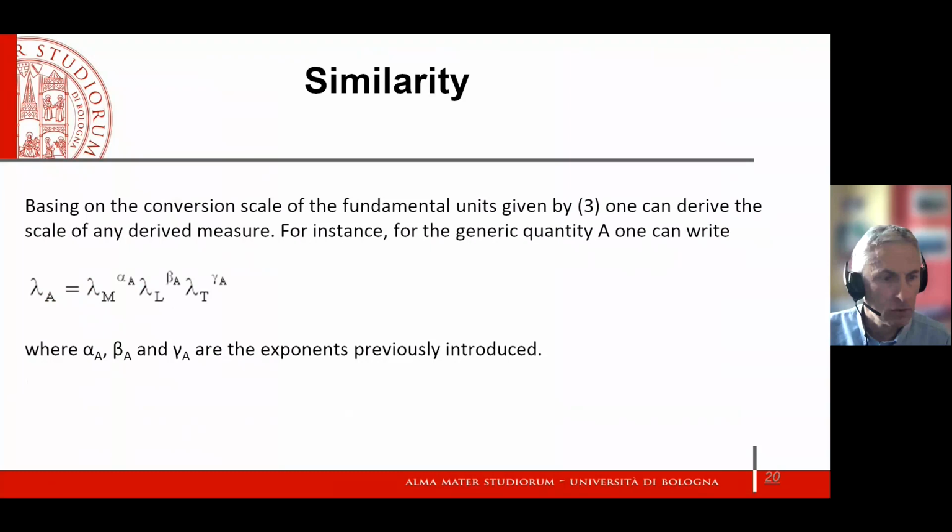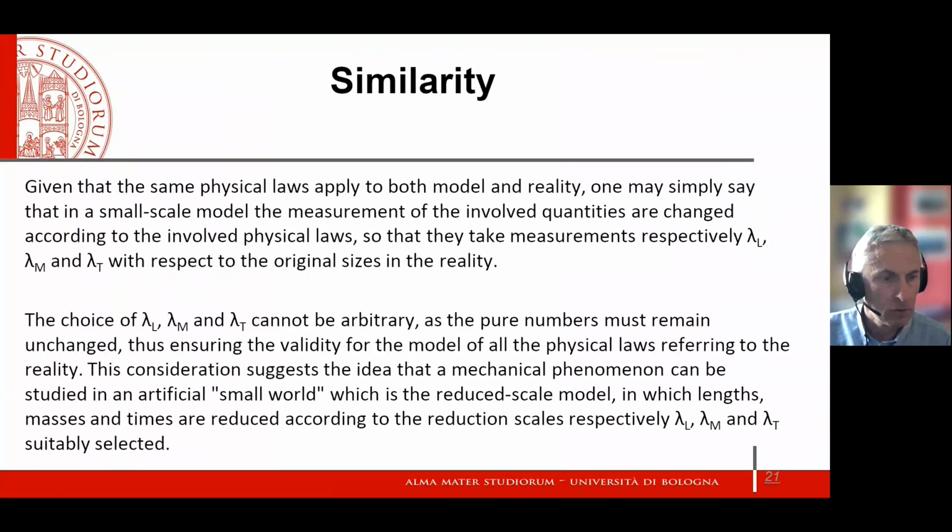And you remember that we already said that basing on lambda M, lambda L, and lambda T, if you take a product of powers of these lambdas, you obtain the multiplier lambda A of any quantity A. Now the question, we already discussed also how to identify these exponents. We just have to look at the physical laws.